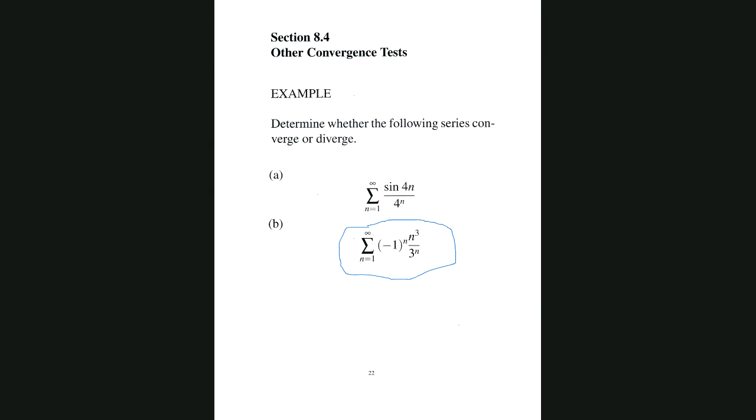Well, it's an alternating series, right? It's an alternating series, but could we use the alternating series test on that? To use the alternating series test for this, the reason I mention it is normally students see this and they say, oh, that's an alternating series.